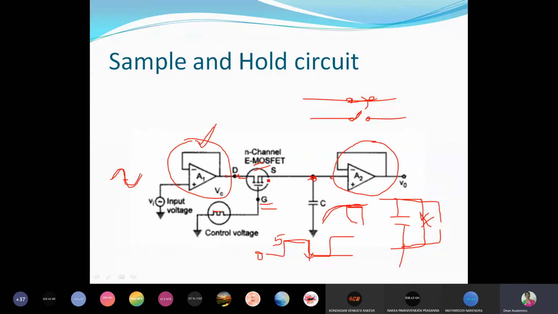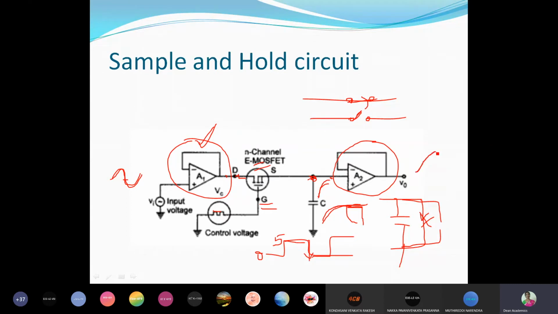When the switch is closed, the input voltage that you have applied travels through this switch and reaches the capacitor, and the capacitor will charge to that input voltage. Whatever input you have, the same input will be available at the output.